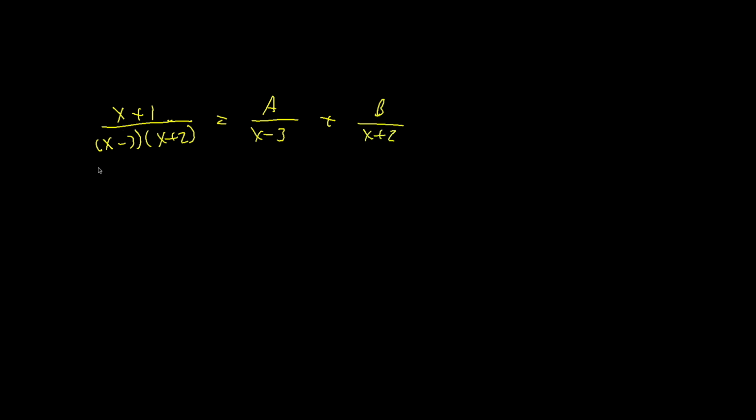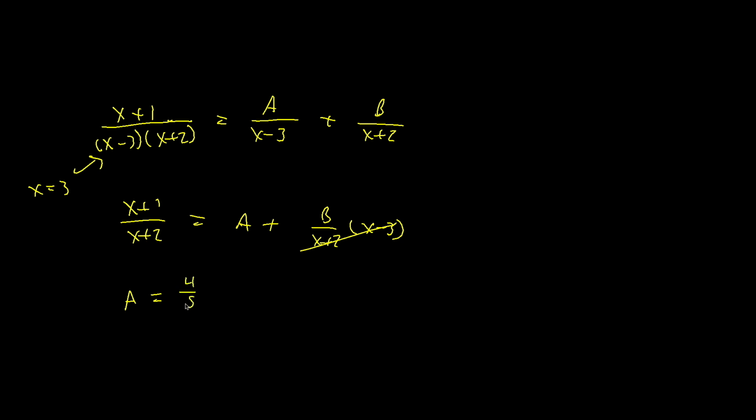And to solve for a, you'd multiply both sides by this term. And then when you plug in the root of this, which is x equals 3, this will cancel away, and then you effectively solve for a. So you just substitute this at x equals 3, which is 4 over 5.